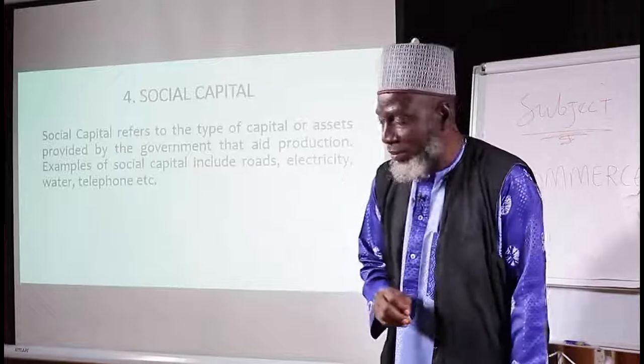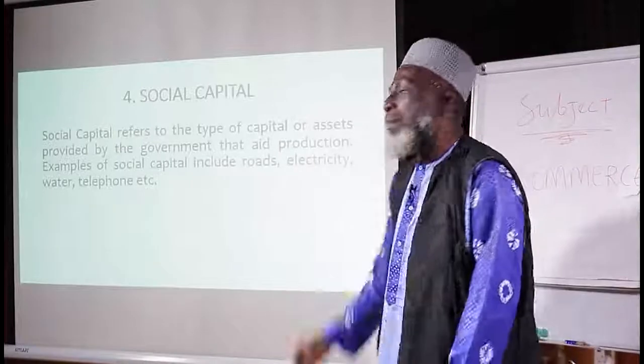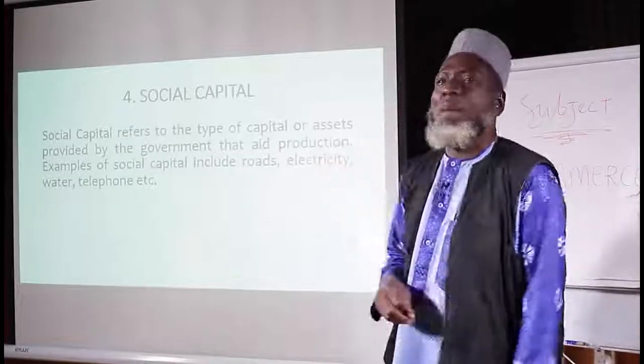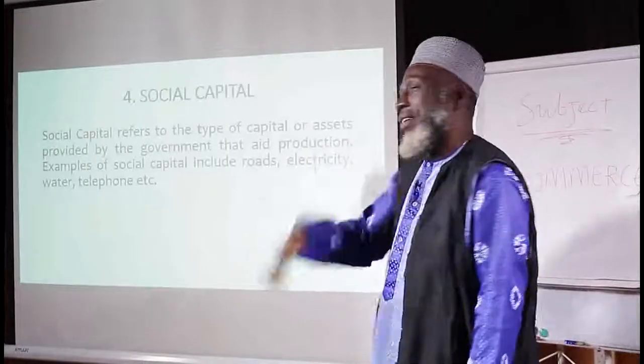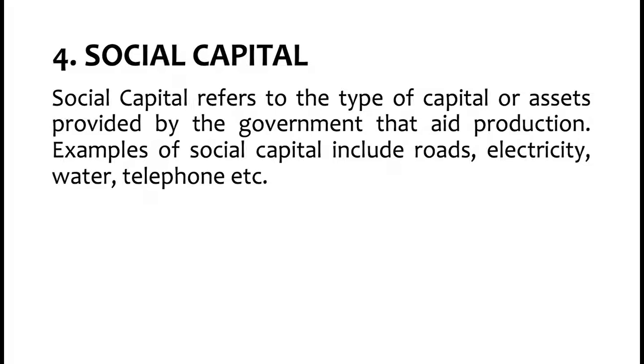Social capital. This refers to the type of capital or assets provided by the government that aid production. They are by the side, but they aid production. Examples of this include roads that the government provides.